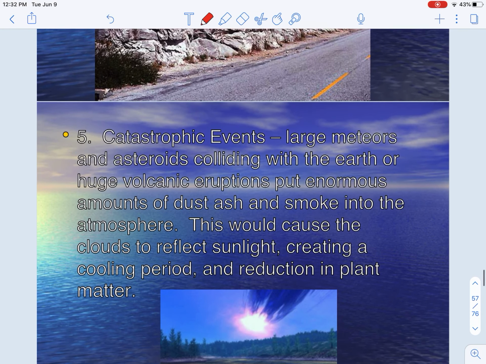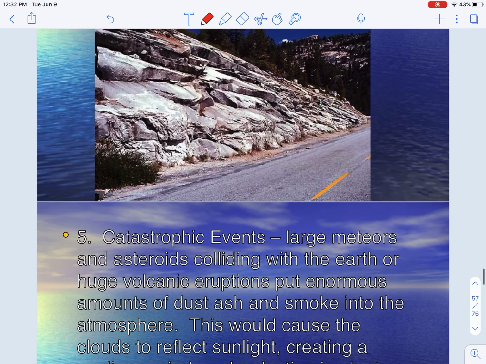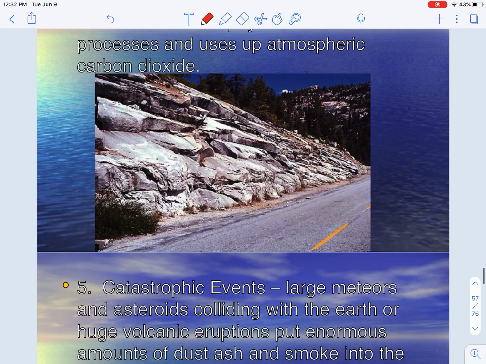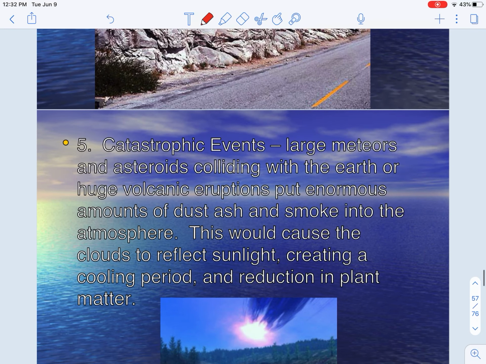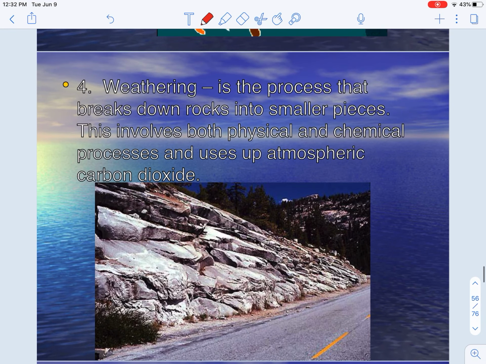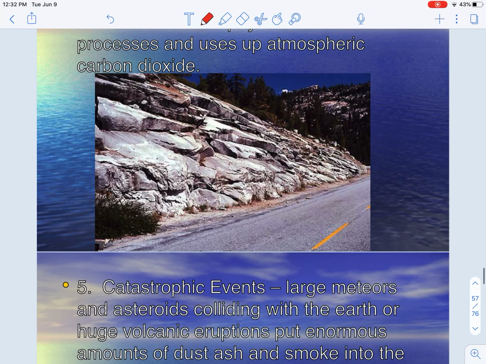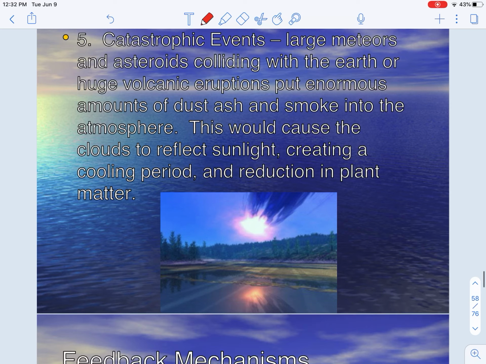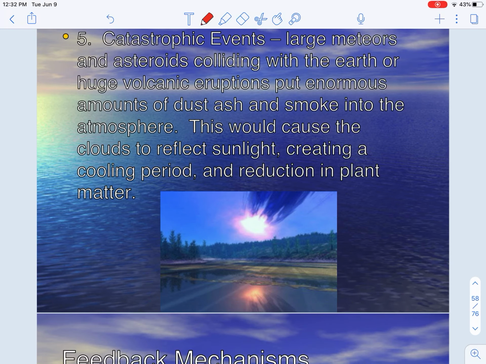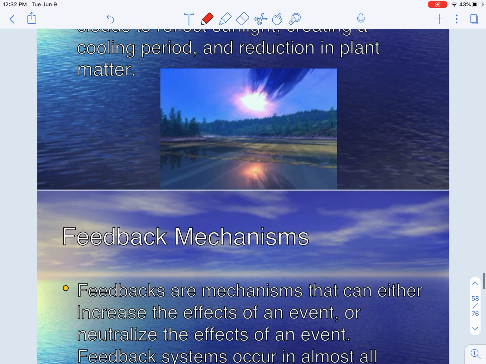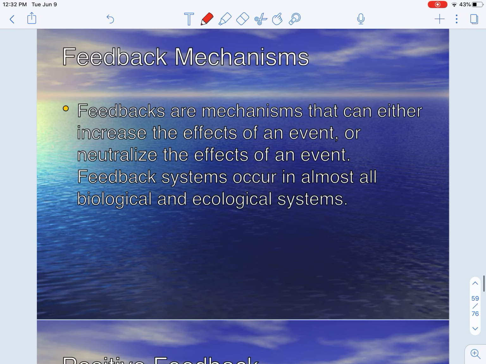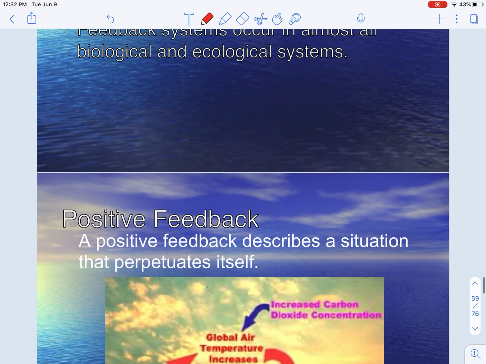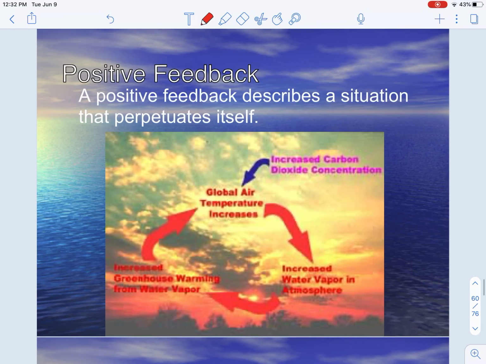And if there's decomposing happening, bacteria can use up some oxygen, release carbon dioxide, and the weathering can actually use up CO2 from the atmosphere. Catastrophes, asteroids, meteoroids, volcanoes, especially volcanic dust, can cover areas of the Earth and change climate.